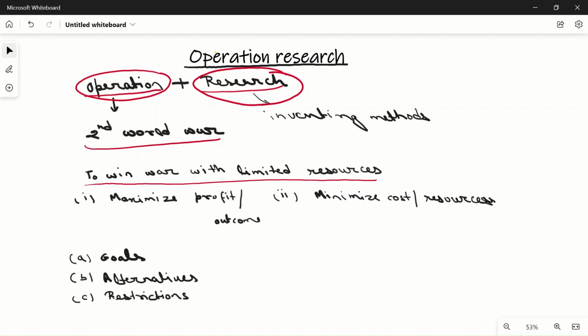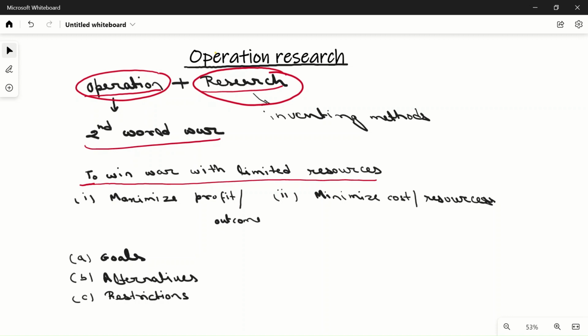Resources were very few, so countries wanted to use minimum resources to get maximum results. So they wanted to optimize their resources, and they came up with the subject operation research. It was mainly started in England with a team of scientists who were trying to optimize the military resources.